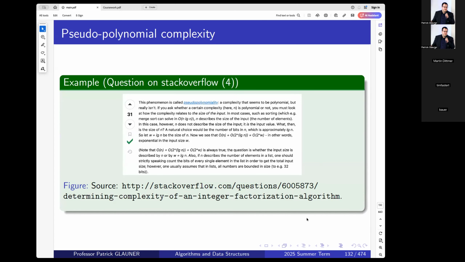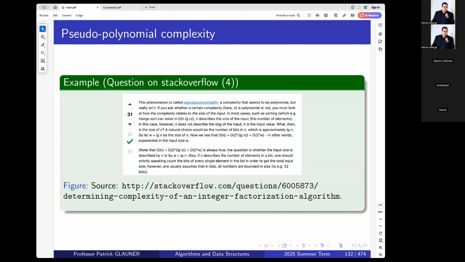This is something you may not understand on the first time because we have just started to introduce the O notation, but all of this is explained very well in the Stack Overflow article. So once after the weekend you feel fine with the O notation, maybe go back to the Stack Overflow article and it's explained very well what went wrong there.